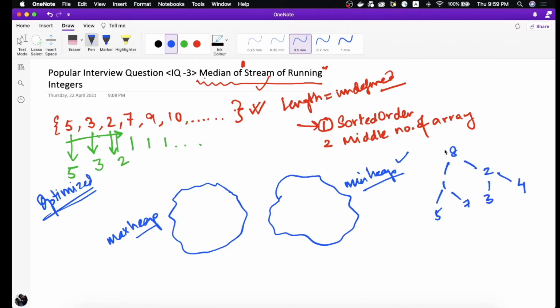Let's consider this is a normal tree, and when we create a heap out of this tree and perform a heapify, in case of a max heap, the number having the maximum integer value will be at the top. For example, within this tree, the maximum value is 8, so 8 will be the root element. After that, we have 7, then comes 5 and so on.